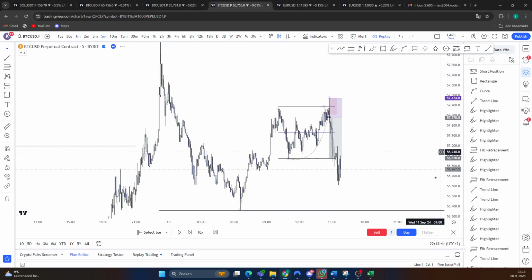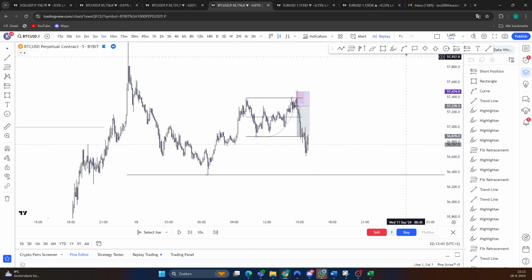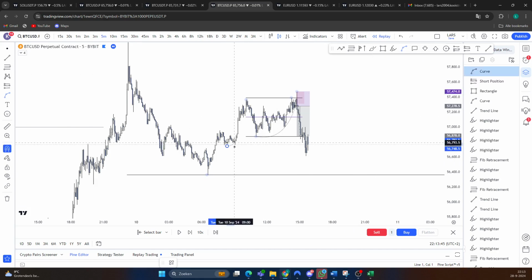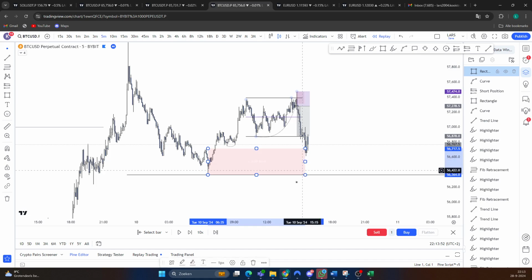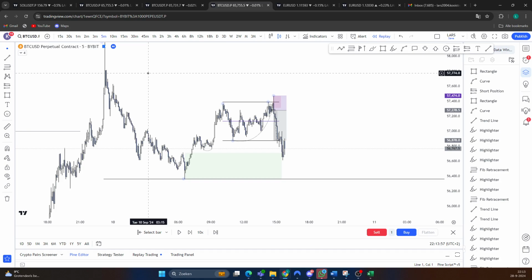Then checking locally inside of this range, we have some sell-side liquidity lows below here, and we have some demand right there at the bottom of the range. So, even though our high time frame and our mid time frame are super bull, I am trading the low time frame, where I will only be trading the low time frame if it meets all the requirements for a high probability setup.